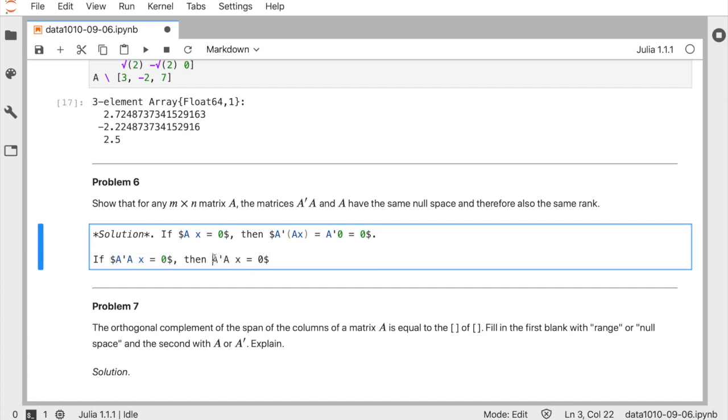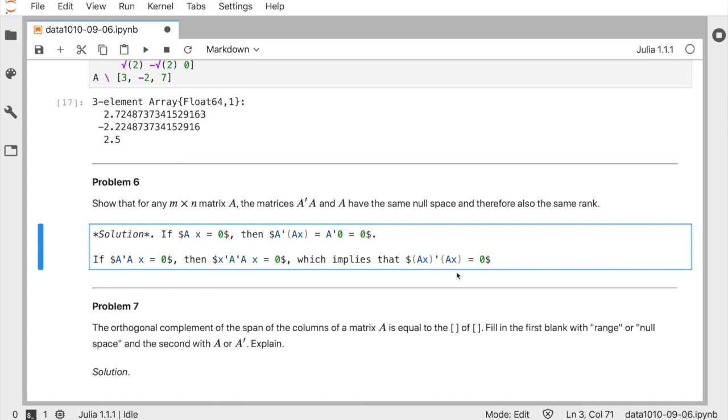So on the right, we're still going to get 0, but on the left, we're going to get X transpose A transpose AX. And from there, we can say that actually (AX) transpose times AX is equal to 0. And that works because transpose distributes across multiplication, but reverses the order. So we're basically unreversing here.